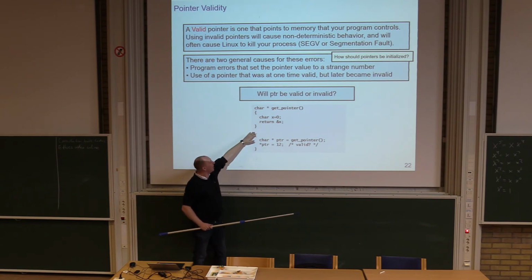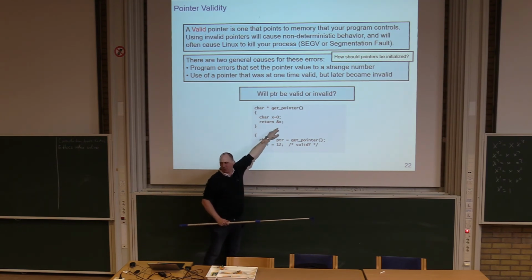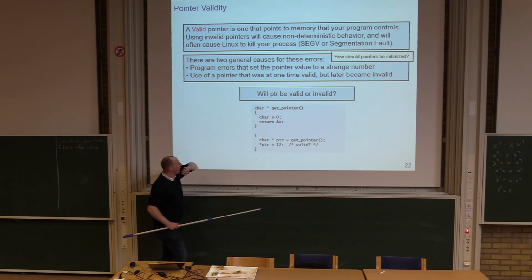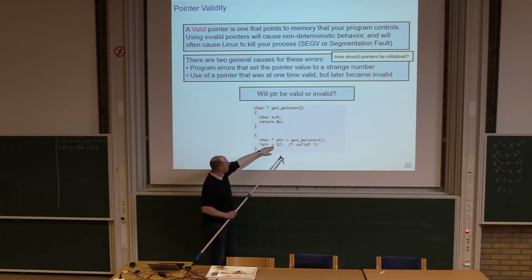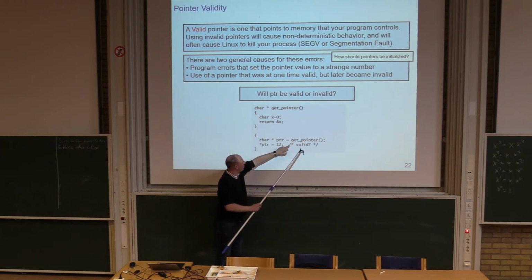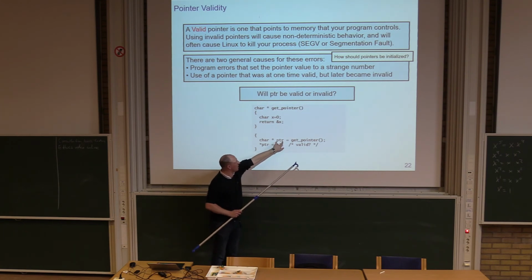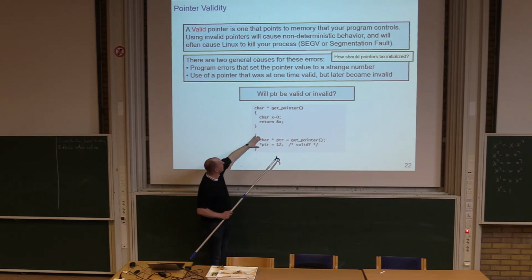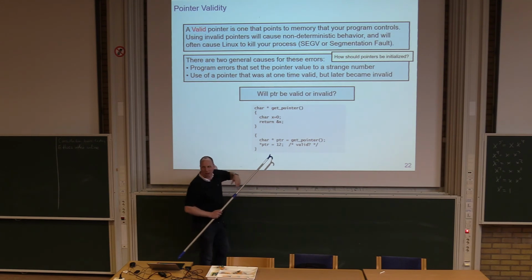And then you return the address to x. Let's say now you call this function getPointer and store the result in a pointer variable in this scope, and then you take that address, go into the value and assign it to 12.